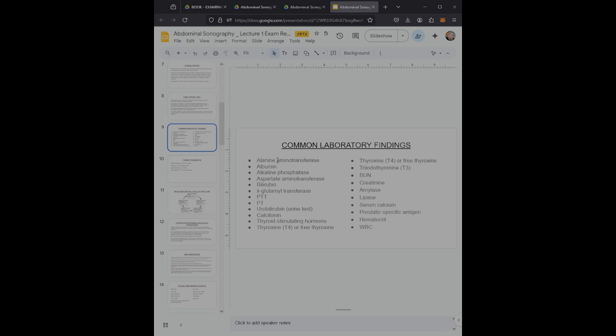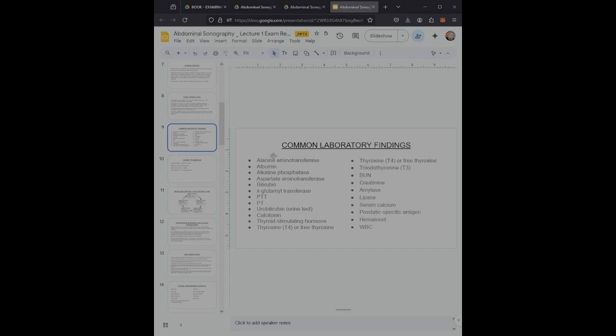Alanine aminotransferase is aggregated in the cytosol of hepatocytes, and these are enzymes that are normally detectable at low concentrations. However, certain processes lead to the loss of hepatocyte membrane integrity or necrosis, and these enzymes are released into the blood.